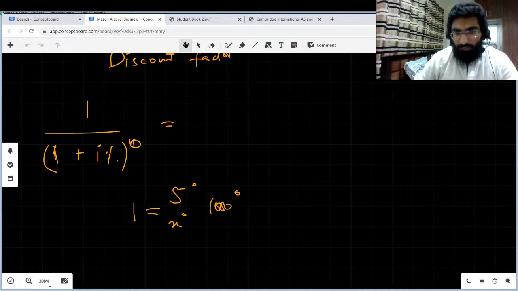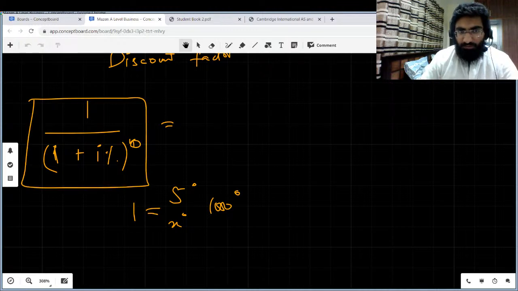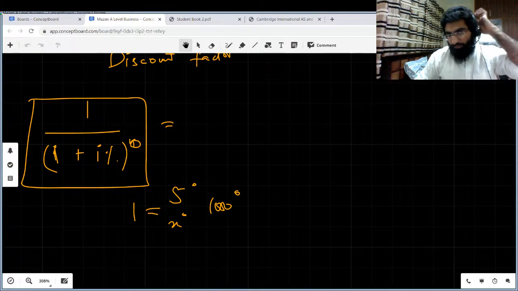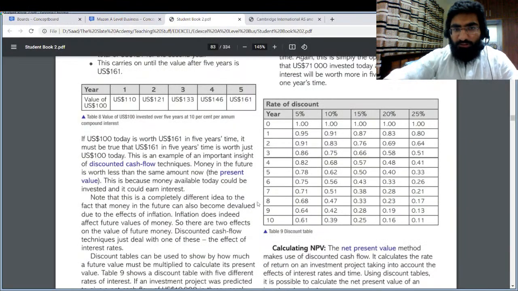So the discount factor for anything at period 0 is 1. Also think about it, you're standing right now, you don't need to do any discounting. The value of the thing is its present value. So that's proven both logically and mathematically. Mathematically, if you put in n equal to 0, no matter what the interest percentage is, the answer will always be 1.